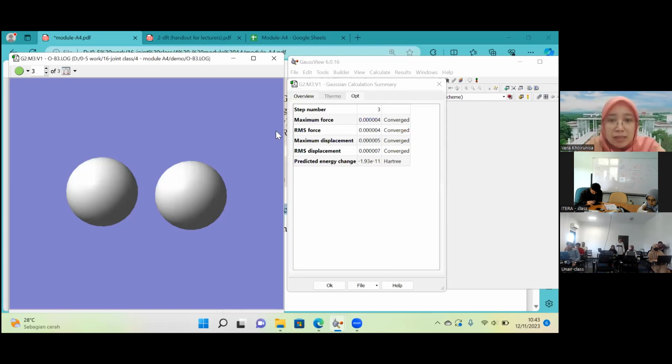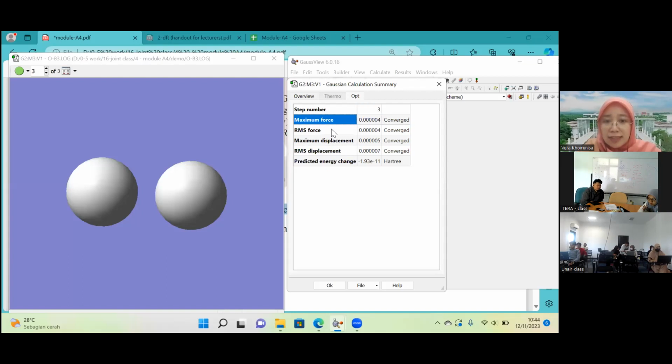It means that this step is the number of SCF done. So to find the R0, it needs 3 iterations or 3 SCF done calculations. And here the step number, and then this is the convergence criteria.